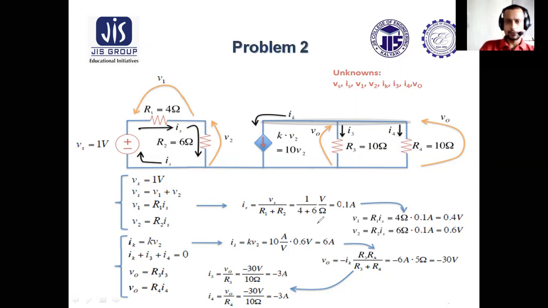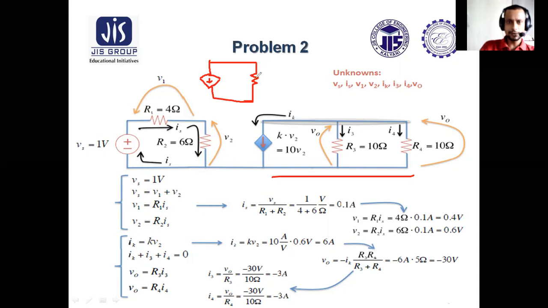Okay. Now, how to find V0? This is IK. If this circuit is simplified like this, what we did, we combined R3 and R4 in parallel.